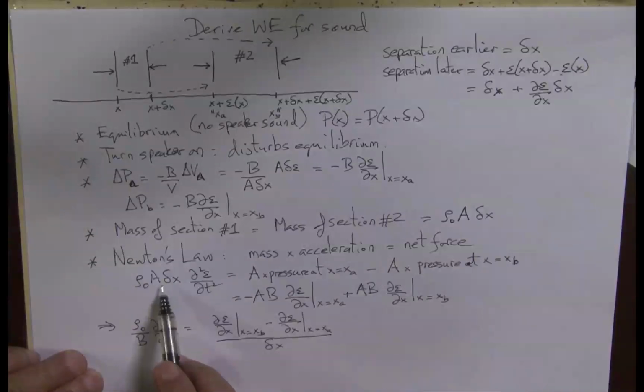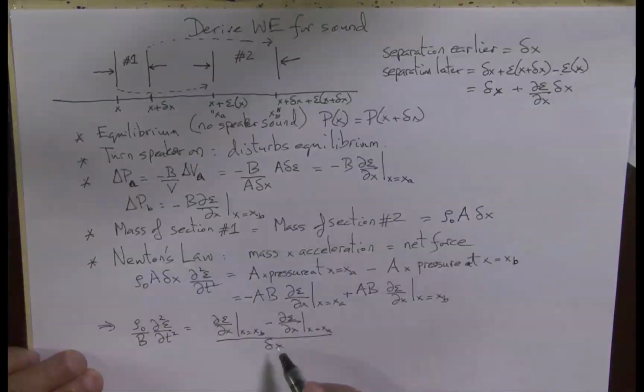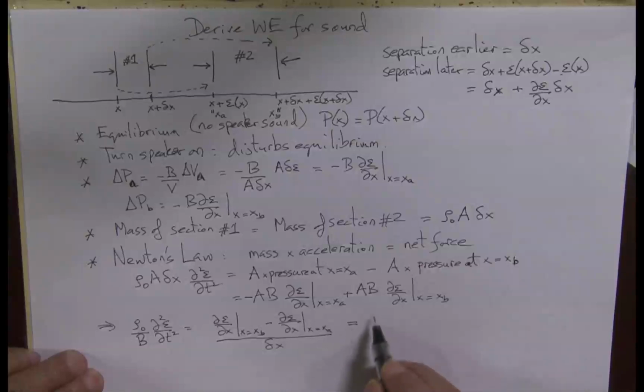So this delta x I've brought down over here, but then you recognize that the difference of two first derivatives at slightly different points is just equal to the second derivative of epsilon.